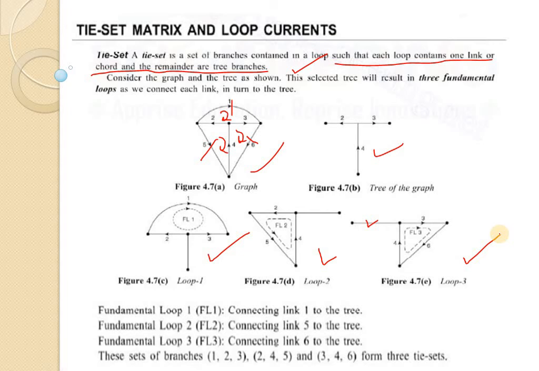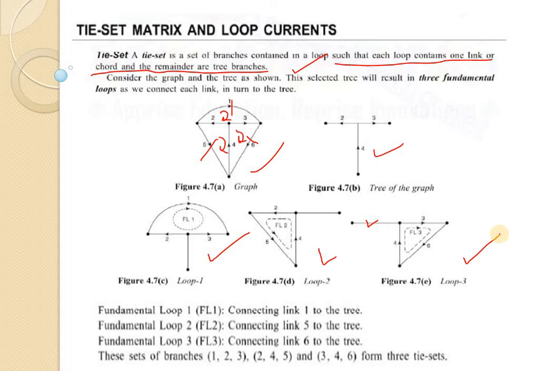So these sets of branches 1, 2, 3; 2, 4, 5; and 3, 4, 6 form 3 tie-sets of this graph. Whatever individual loops can be formed from a tree are basically the tie-sets.